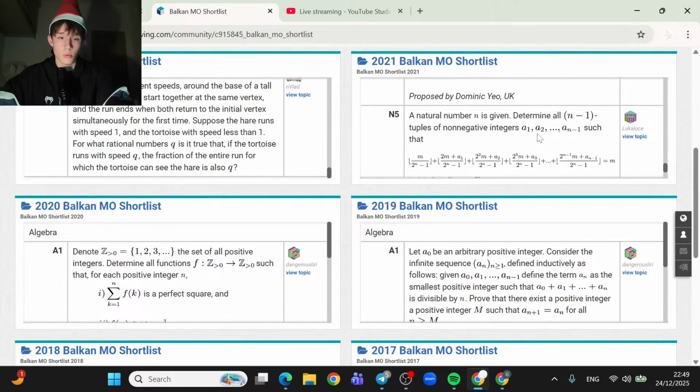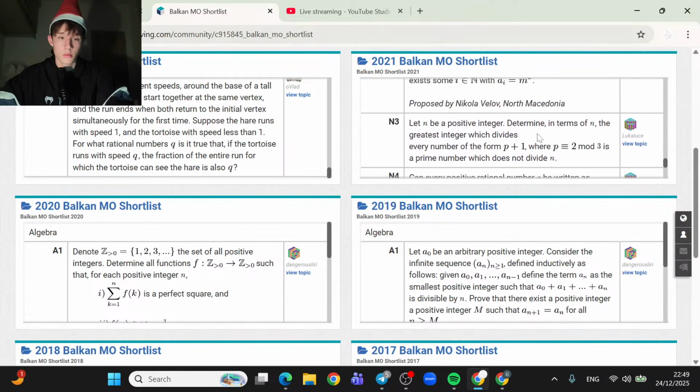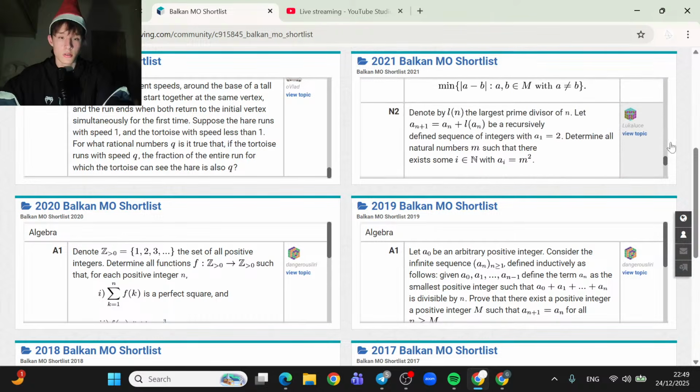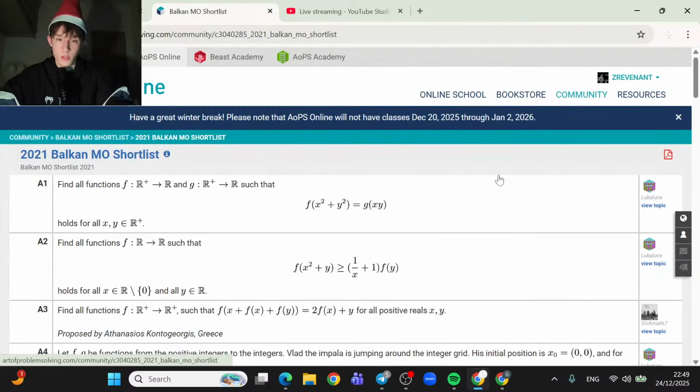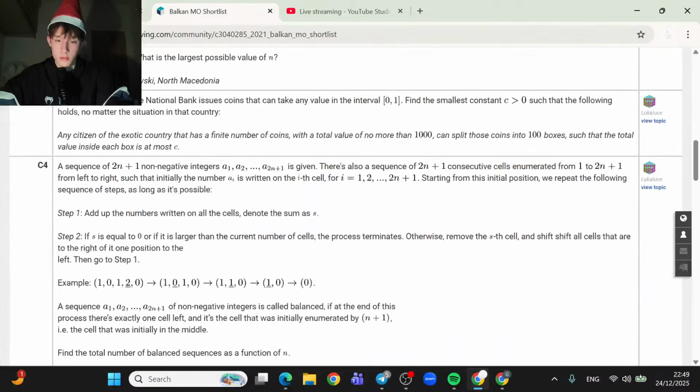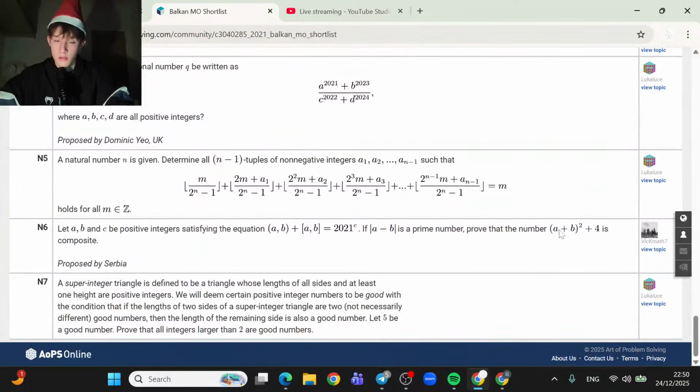Ooh, this looks interesting. 2021 Balkan shortlist.